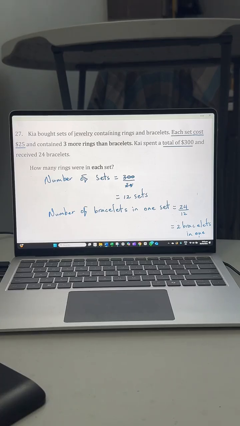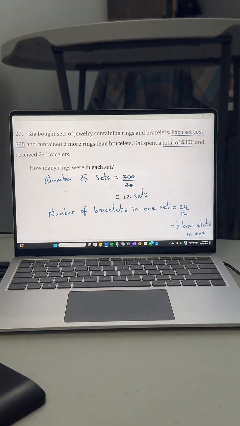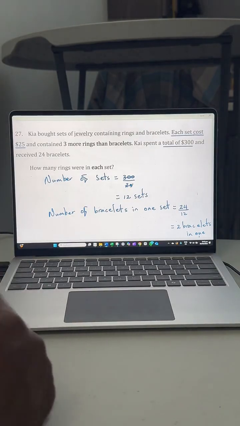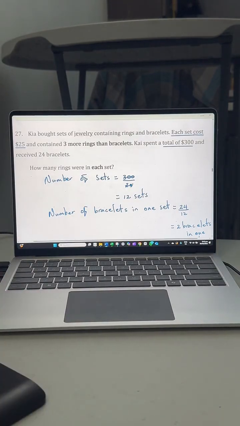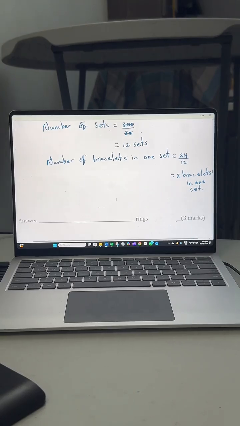Each set costs $25 and contains 3 more rings than bracelets. So what I needed to figure out was how many bracelets one set had. I did that, and they said each set had 3 more.